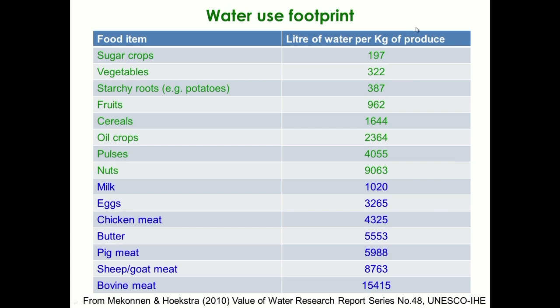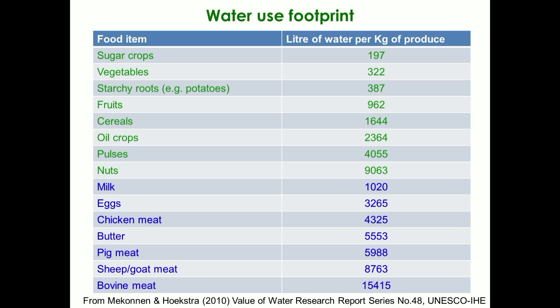What we can see is that, obviously we've got groupings here of different species, but generally vegetables require a fairly modest amount of water per kilogram, only about 300 litres per kilogram, whereas cereals, per kilogram of, say, wheat grain or rice grain, we're talking about over 1,500 litres. Nuts require quite a substantial amount of water.